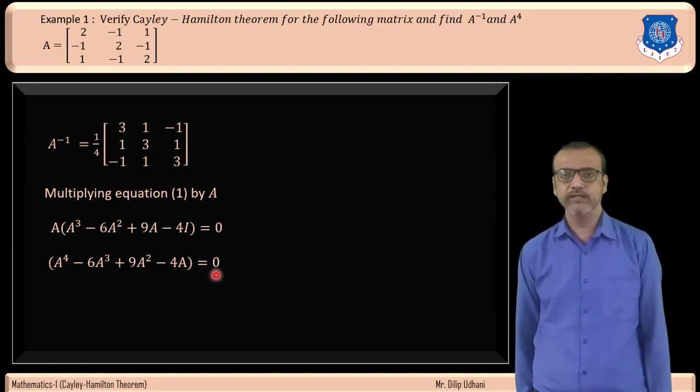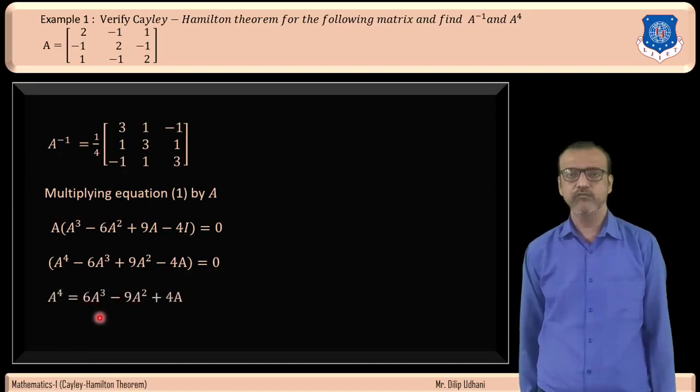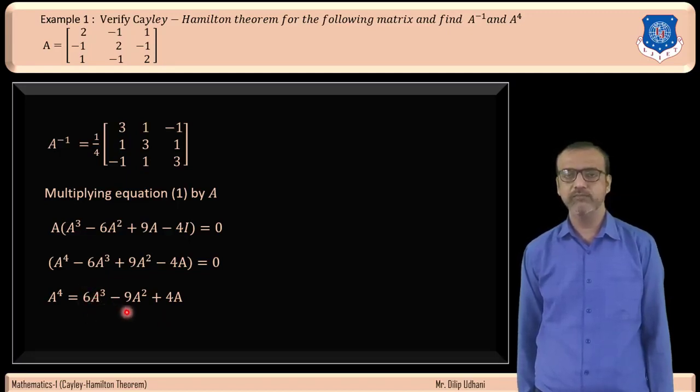Now from here we will make A4 the subject. So we have A4 equals 6A cube minus 9A square plus 4A. Now we will multiply each and every element of matrix A cube by 6, then each and every element of matrix A square by 9, and then each and every element of matrix A by 4.